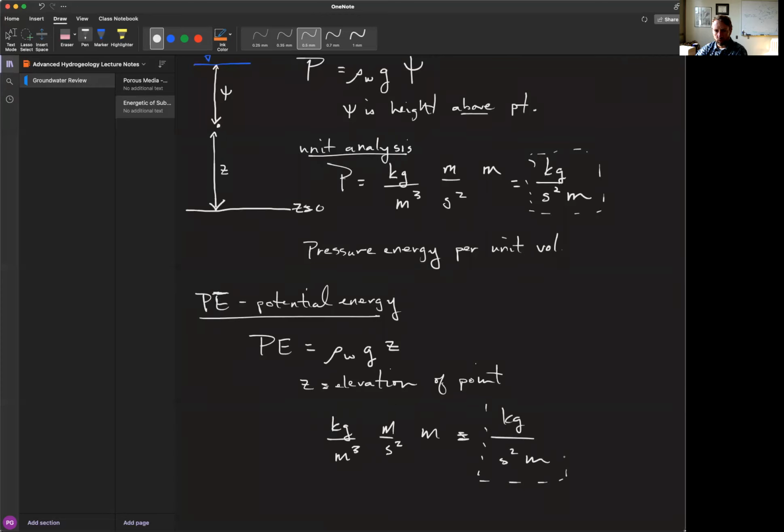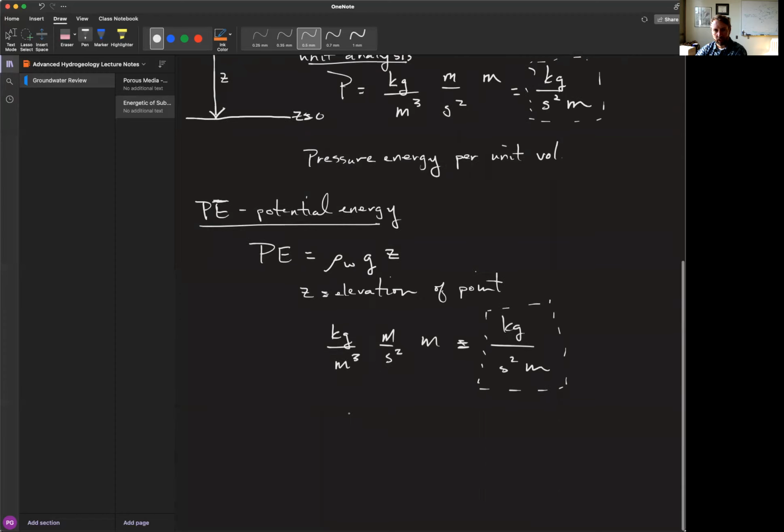So this rho water g z gives me the energy per unit volume from gravitational potential energy. So this is gravitational PE per unit volume.